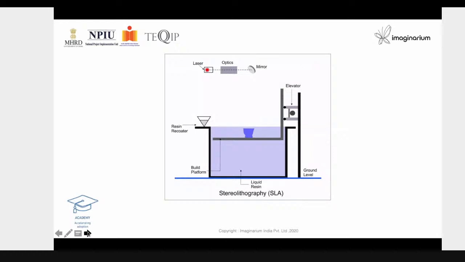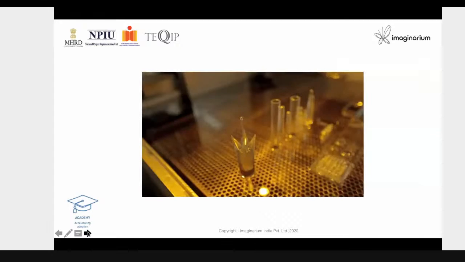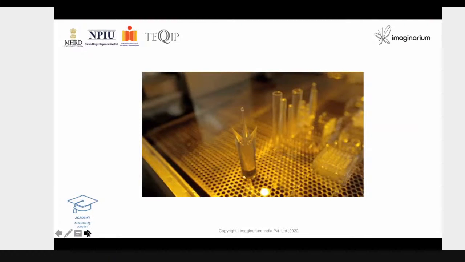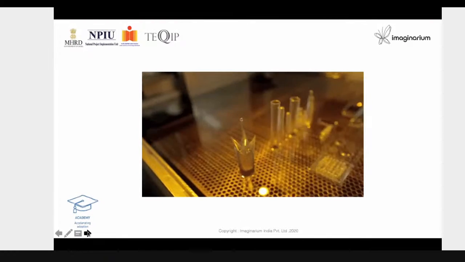And you can see in this animation how the laser is directed towards the vat, which is a tank, with a galvano mirror, and you can see the built product goes down, and finally is ejected up. And you can see here how the ejection happens. The perforations, what you see here, are because it doesn't act like any piston; to minimize any kind of buoyancy or drag, they have perforated this platform. Very important.